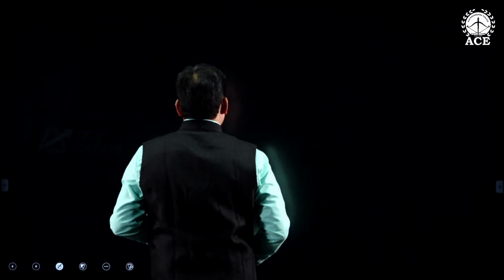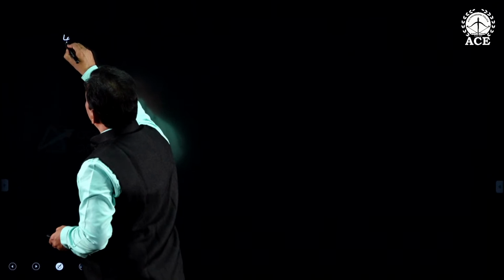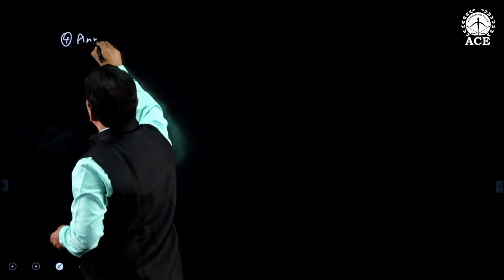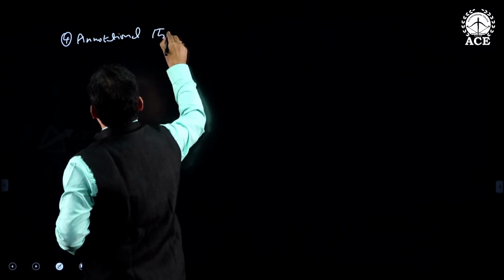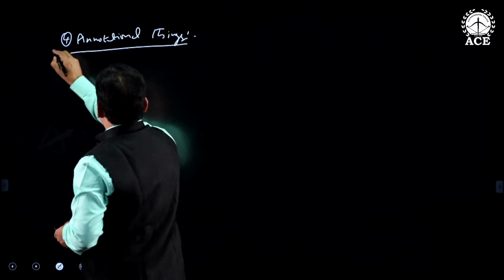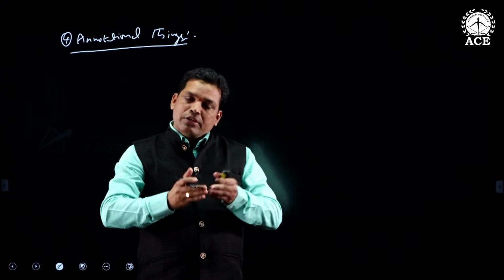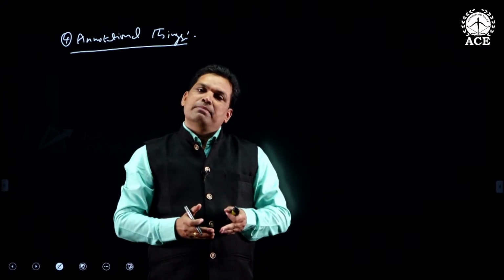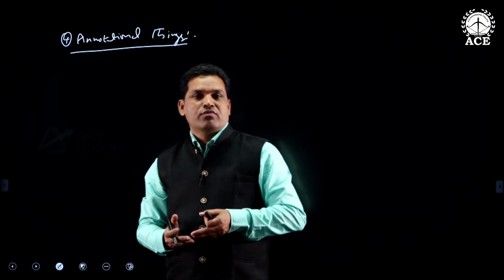So coming to the next, annotational things. What is the importance of annotational things in UML? The designers have designed the software system, which is a collection of various elements of that particular software system.